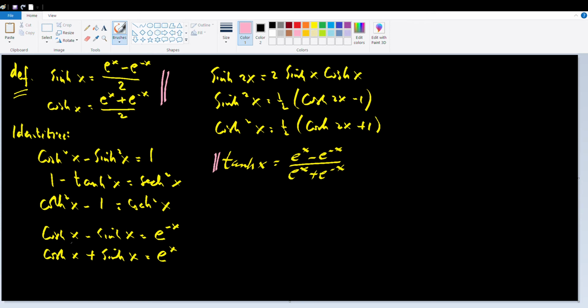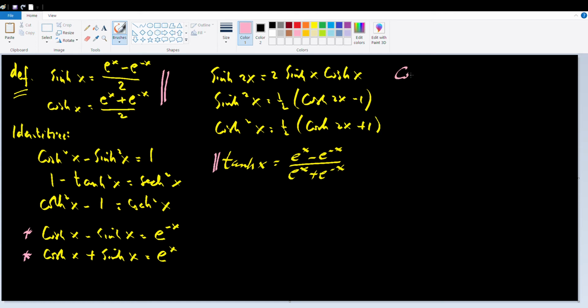Hyperbolic cosine of x minus hyperbolic sine of x is e to the minus x, and hyperbolic cosine of x plus hyperbolic sine of x equal to e to the x. Now you can verify these two formulas by applying the definitions of hyperbolic cosine and hyperbolic sine. We also have the hyperbolic sine of 2x, which is equal to 2 times hyperbolic sine of x times hyperbolic cosine of x.